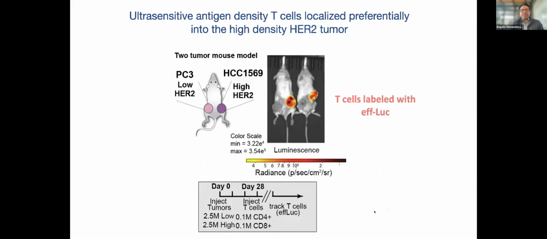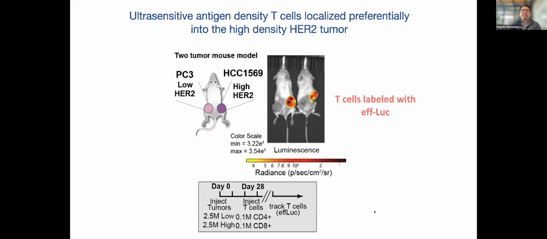And one last piece of information: you could also engineer the T cells to have luminescence reporters. So these are T cells engineered so that when you add into these animals the luciferin, which is the substrate for the luciferase, the enzyme, that will make the T cells glow.